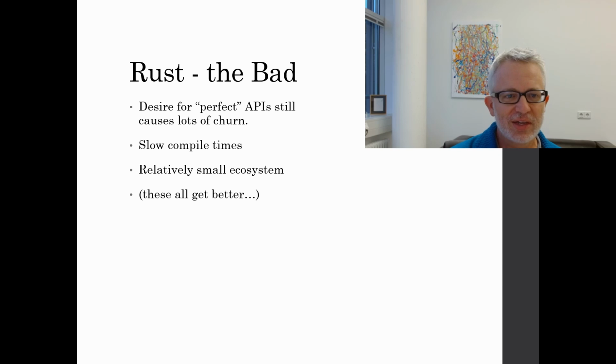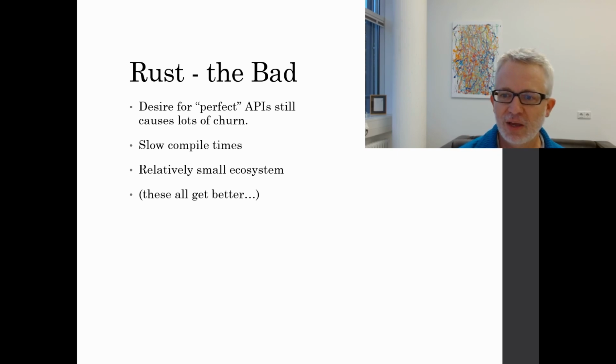So there's this intrinsic desire to make perfect APIs, and that's an iterative process. In the early days of Rust, and I think even now, there's a lot of churn, even in relatively low level, fundamental libraries and APIs. I think it's getting a little bit better, but this is for sure a cause for a lot of time investment. Even if your code hasn't changed, just keeping it up to date takes some effort at the moment.